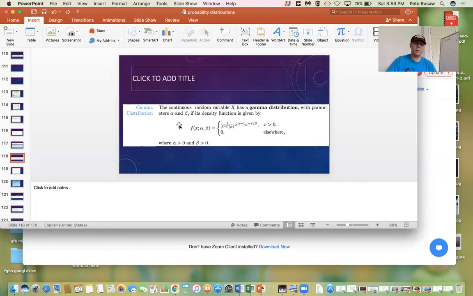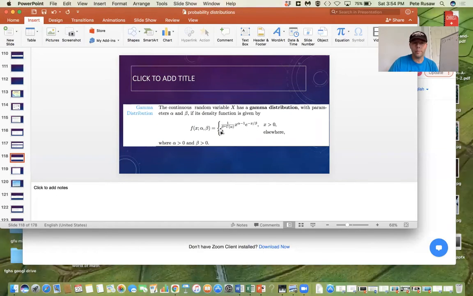And the nice thing about the problems that we'll be doing is typically they just tell you this is a gamma distribution, here's alpha and here's beta, and they'll ask for a probability and you just find an area. So commit yourself to looking at this structure, and you're going to see most of our structures today have x to a power times e to some power with a constant out front. But again, if we're trying to find a probability and the gamma distribution is the model of interest for the particular application, then we'll just be integrating this.